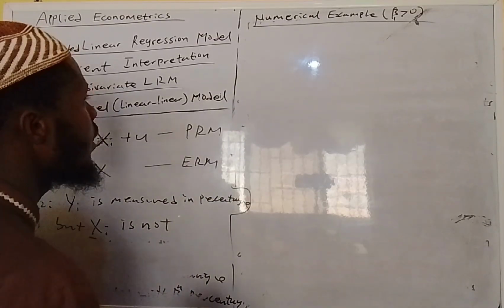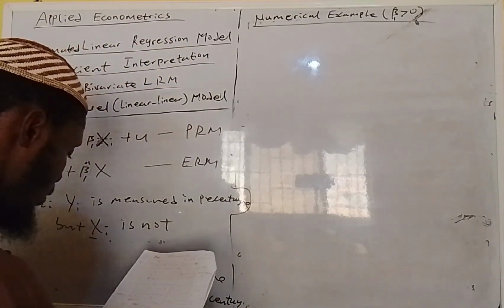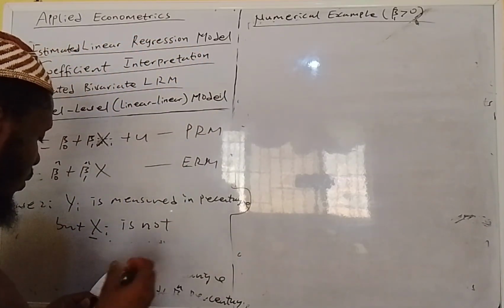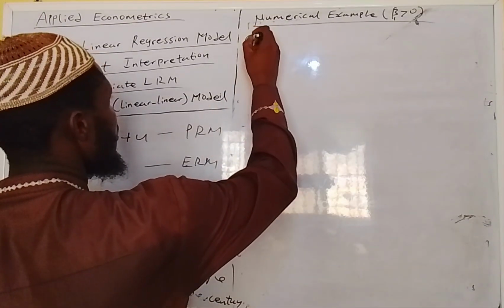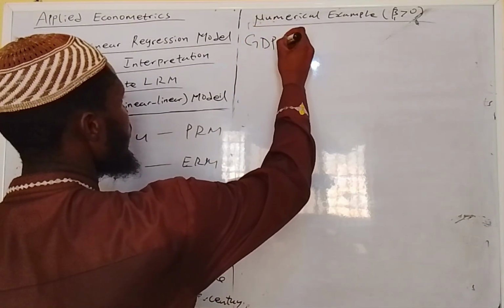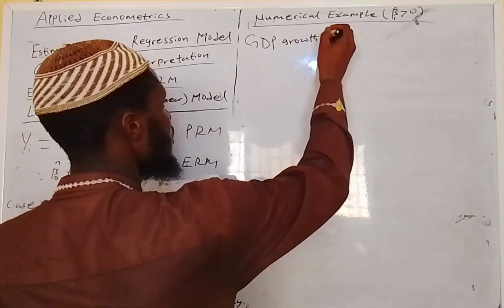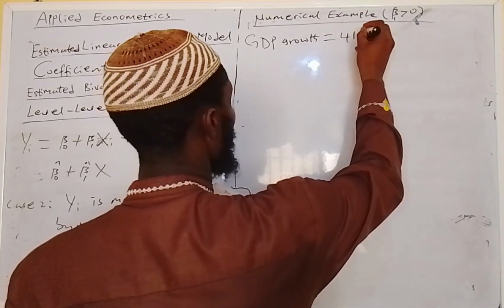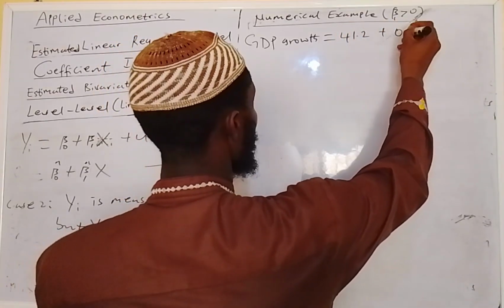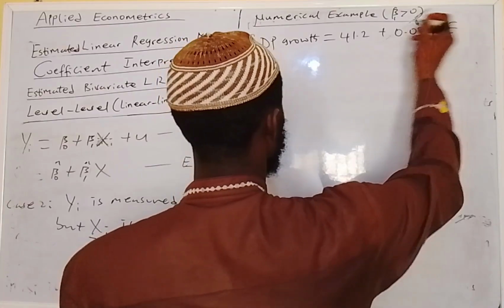Let's say we have a case where GDP growth equals 41.2 plus 0.02 PE.